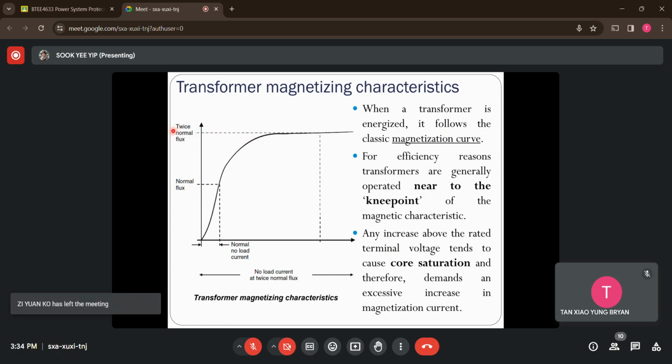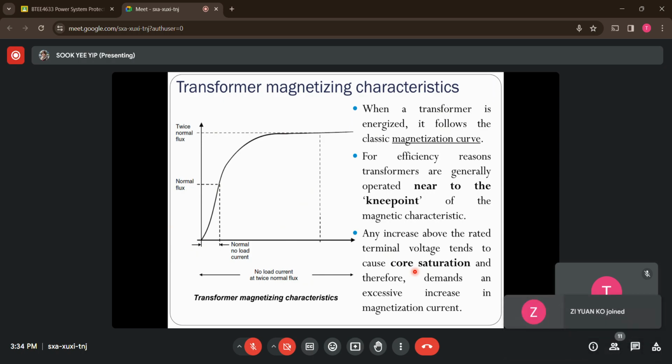So high flux will cause the core to turn into saturation mode. Why? Because it's unable to store this amount of flux anymore.